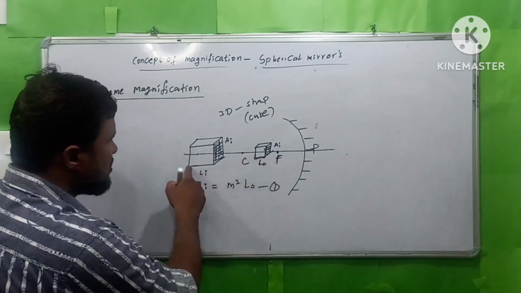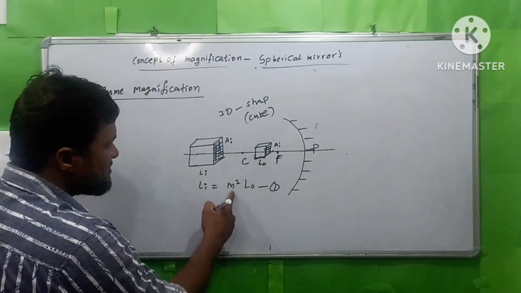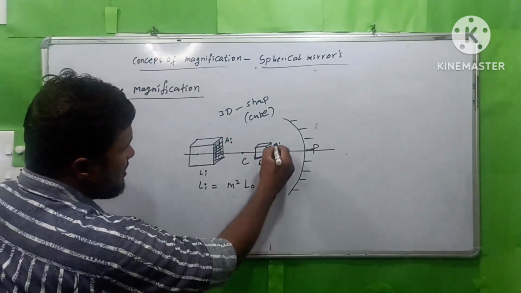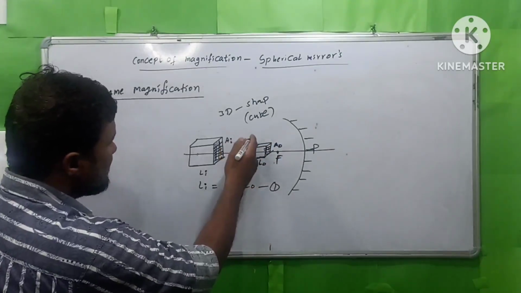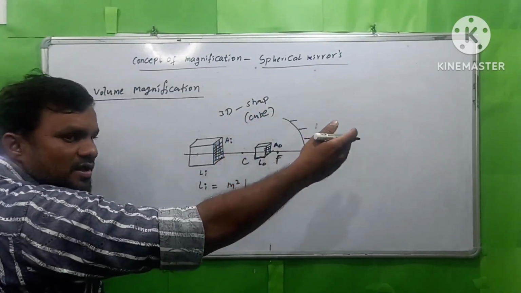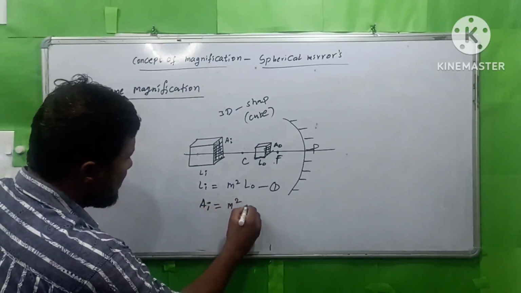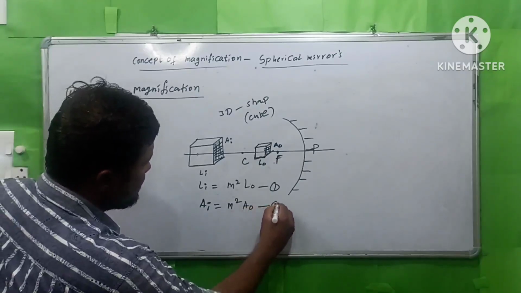Object lies along the principal axis, so length of the image is m square times length of the object, longitudinal magnification. If you observe, this is area of object, area of image. Further, we already discussed aerial magnification. Area of image is also m square times area of the object, equation number 2.